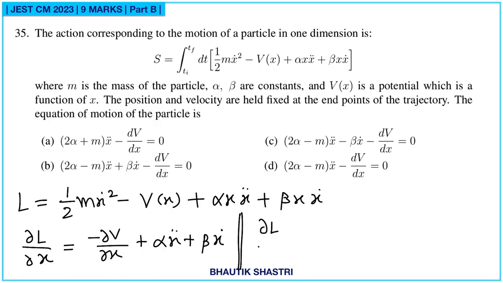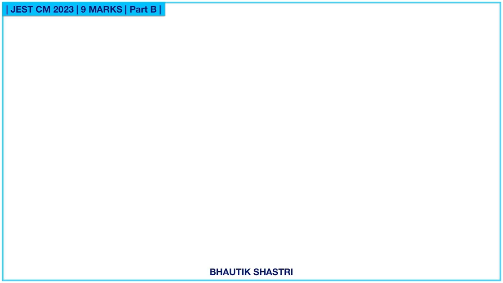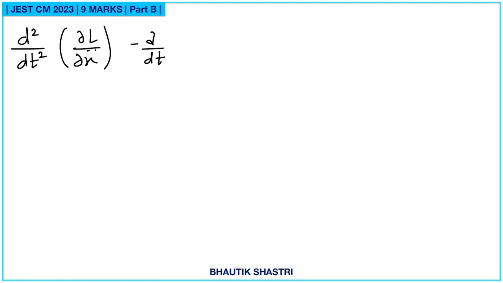Then dou L by dou x dot is equal to m x dot plus beta x, and dou L by dou x double dot is equal to alpha x. So the equation of motion is d2 by dt square of dou L by dou x double dot minus d by dt of dou L by dou x dot plus dou L by dou x, and that is equal to 0.